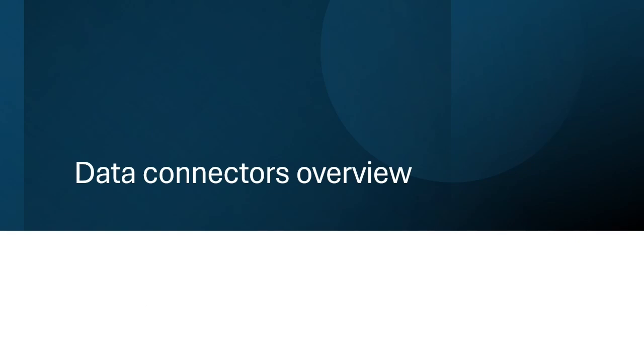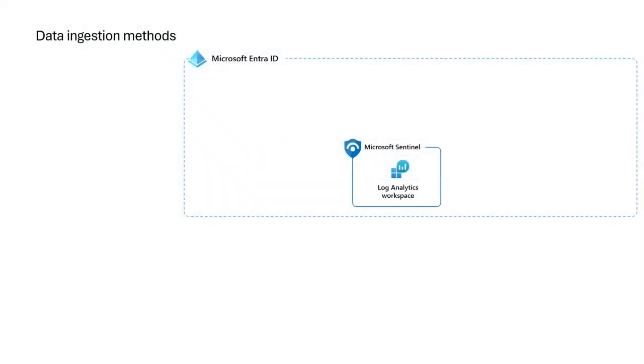So let's jump into the different types of data connectors and data ingestion methods that we have today. To start off, we have just a simple diagram, and this is going to transition and be animated over as we speak. But we have the core components here for data ingestion for Microsoft Sentinel. We have the Azure Log Analytics workspace with Microsoft Sentinel on top of it, within an Azure environment that's tied to a Microsoft Entra ID tenant.